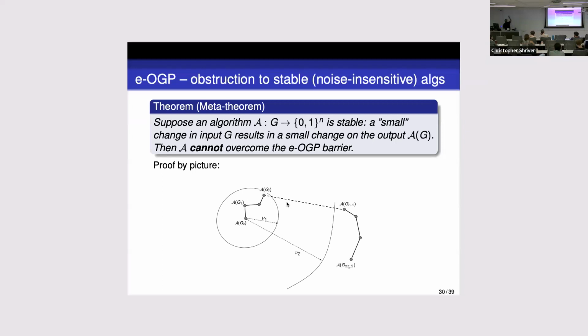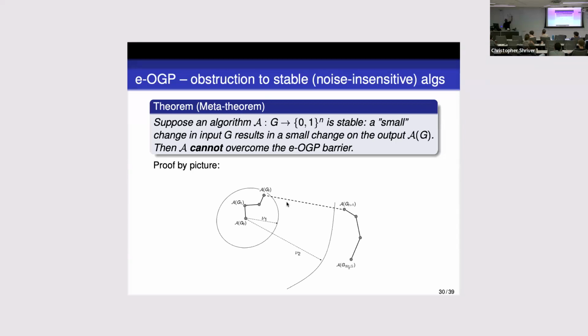Okay, so we have a starting graph. We have an algorithm, and that produces some independent set I0. Let's think of it as a dot. This is my first solution. Then I look at the next graph, G1. G1 differs from G0 by one edge. Remember, the resampling was done one edge at a time.